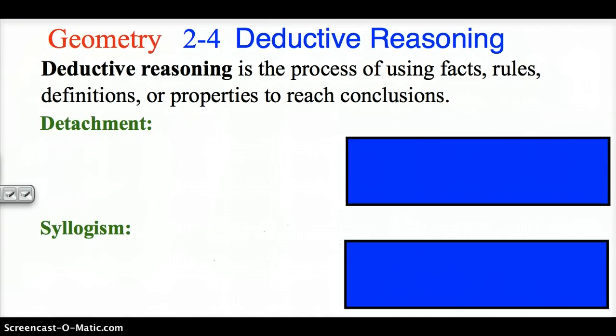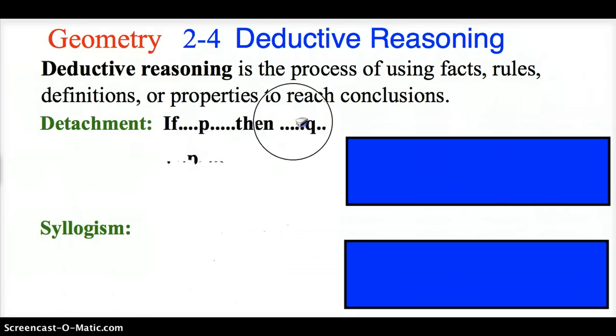Detachment. If you had a boat and it detached from the dock, it would separate, wouldn't it? And so that's exactly what detachment is in deductive reasoning. First thing you have is a sentence, an if-then statement, if P then Q, and then they become detached or separated.